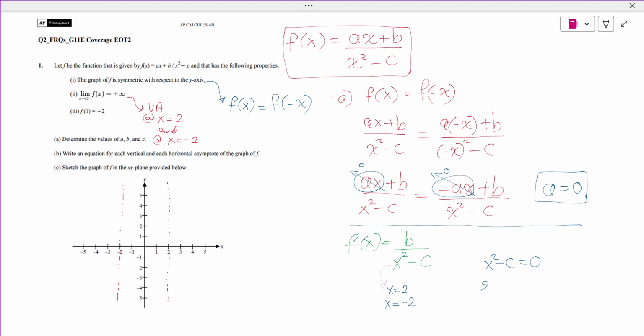So if you plug in here 2 squared minus c equals 0, that leaves you with c equals 4. You can also do it again with minus 2, it will be 4 as well. So due to the asymptote at 2 and minus 2, the value of c must be 4.